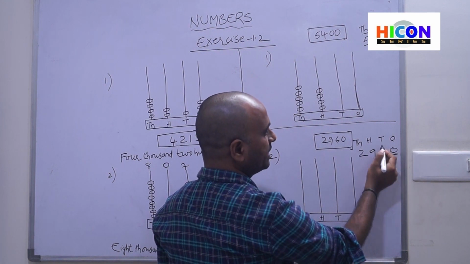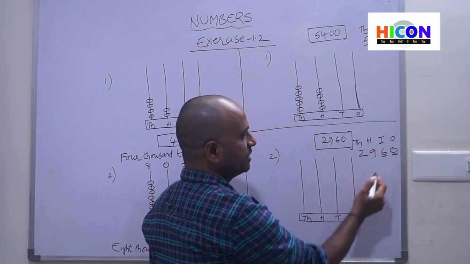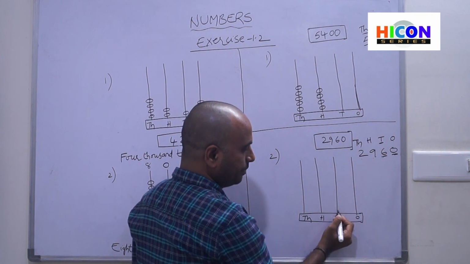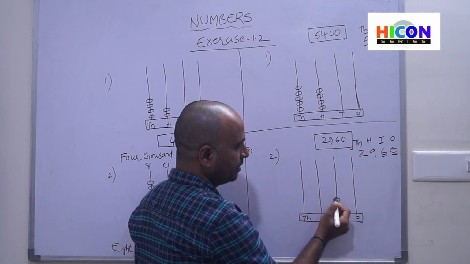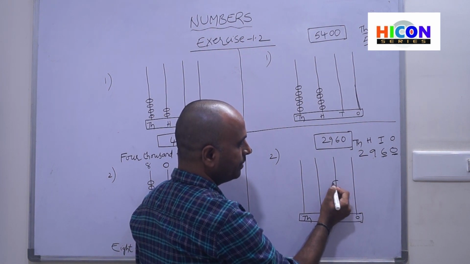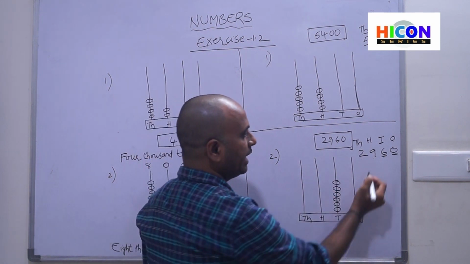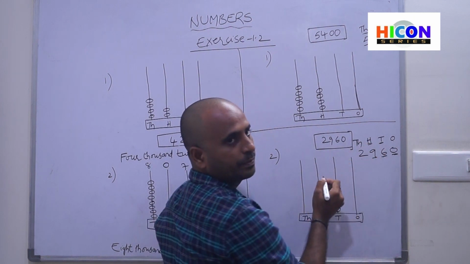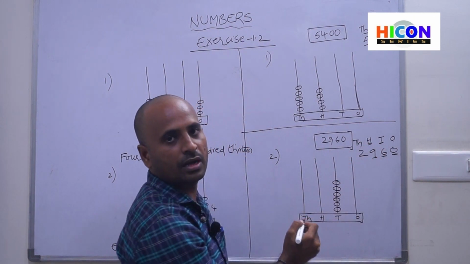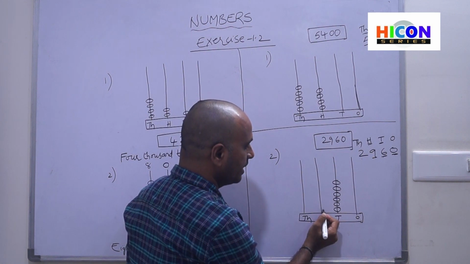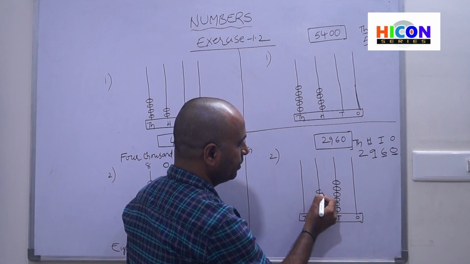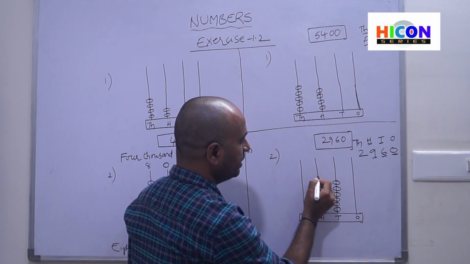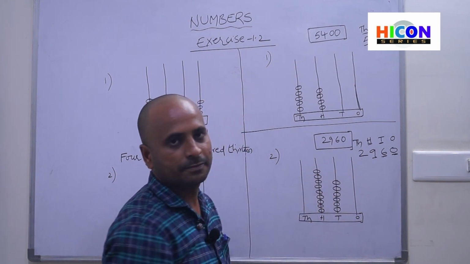And 6 is present in the tens place, so we have to draw 6 beads on the tens place stick: 1, 2, 3, 4, 5, 6. And 9 is present in the hundreds place, so we have to draw 9 beads on the hundreds place stick: 1, 2, 3, 4, 5, 6, 7, 8, 9.